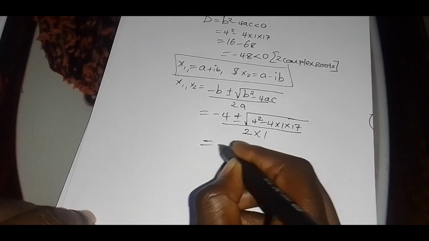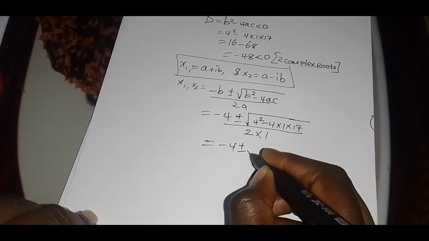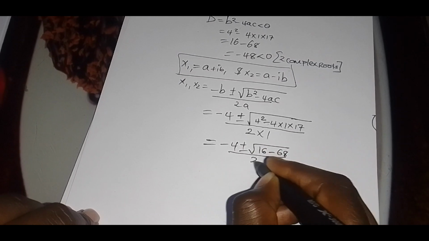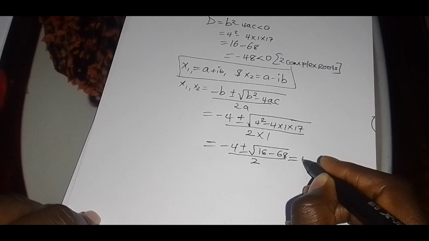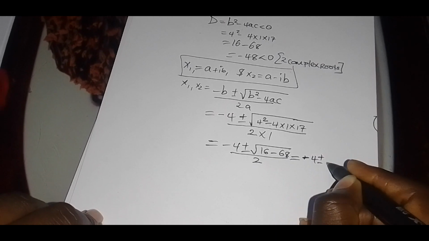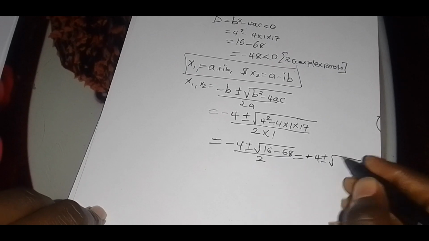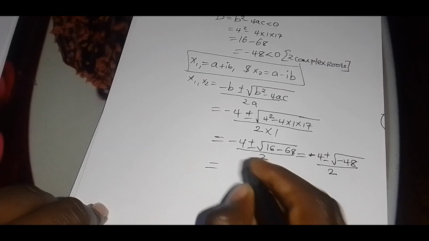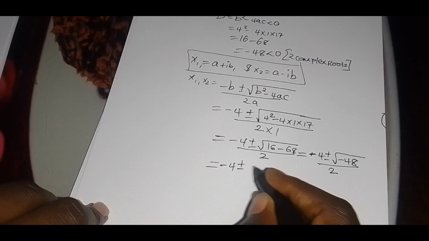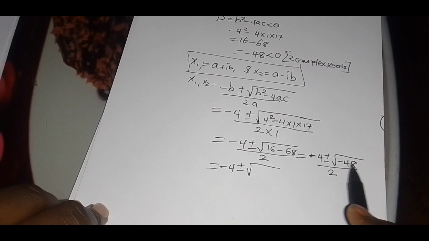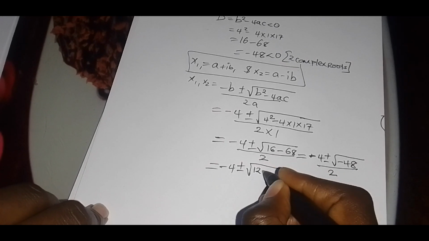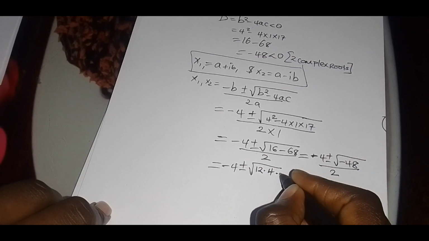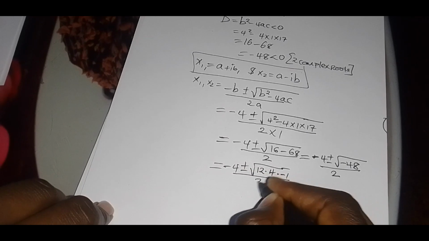Now we're going to have negative 4 plus or minus the square root of 16 minus 68, divided by 2, which is negative 4 plus or minus the square root of negative 48, divided by 2. Negative 48 can be expressed as 12 multiplied by 4 multiplied by negative 1, divided by 2.